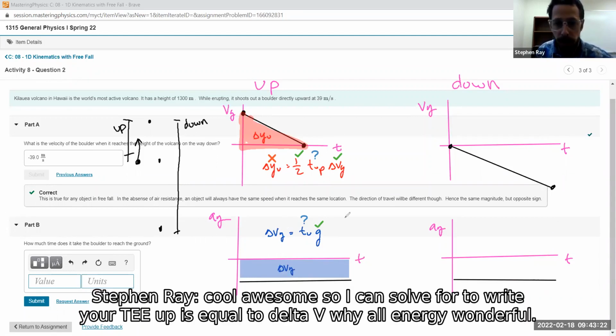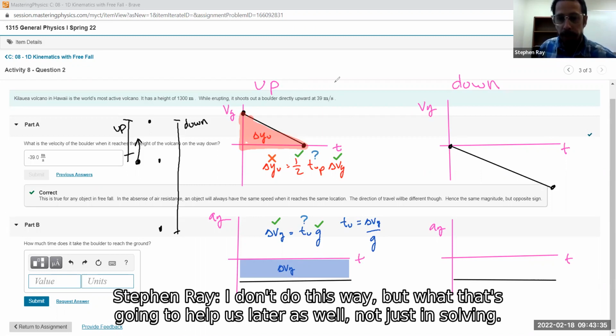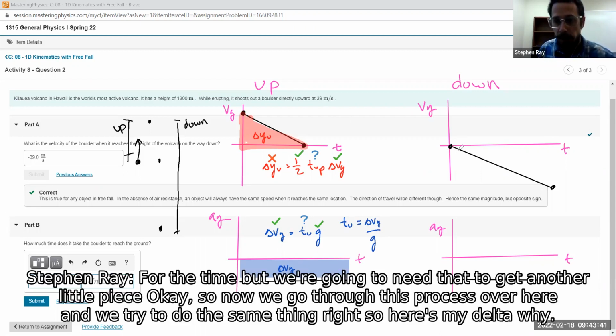Awesome. So I can solve for T up right here. T up is equal to delta vy all over g. Wonderful. I won't do this quite yet, but that's going to help us later, not just in solving for the time, but we're going to need that to get another little piece.